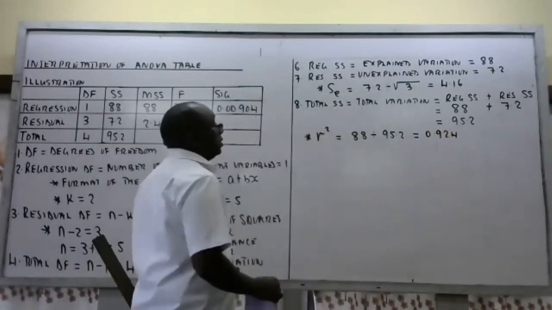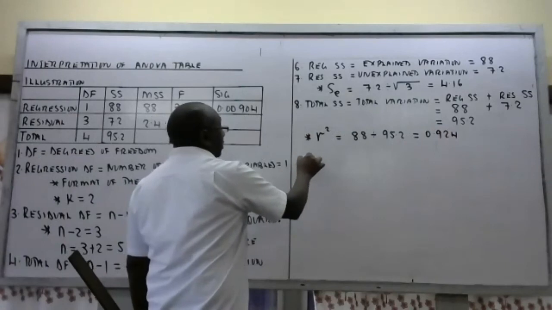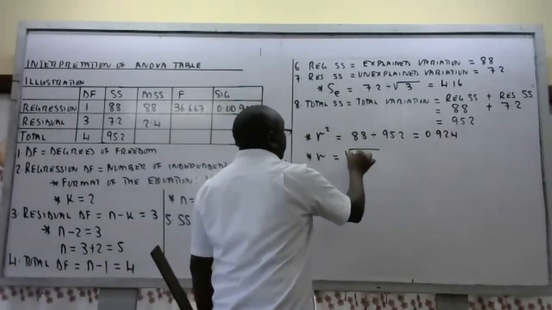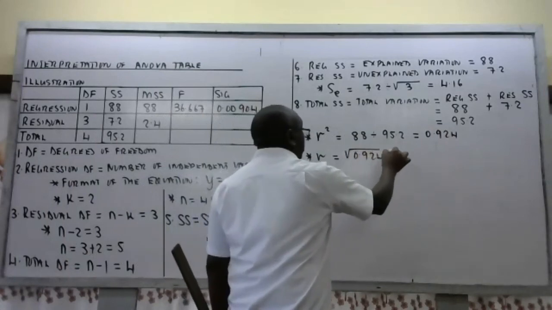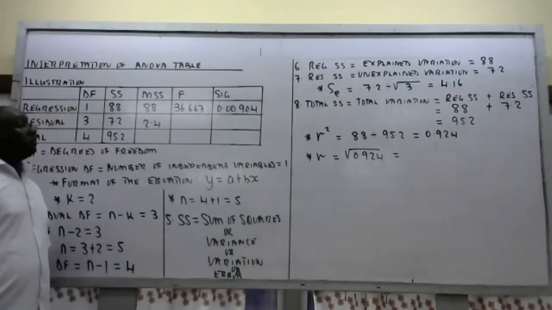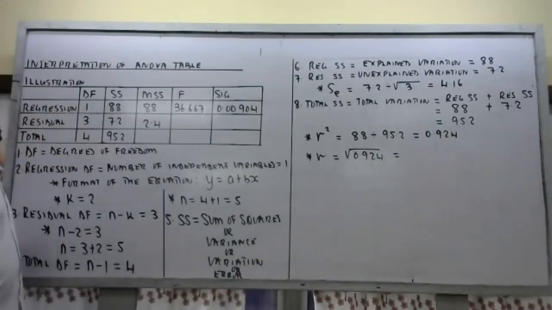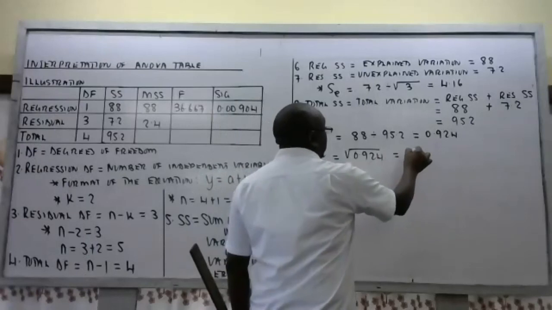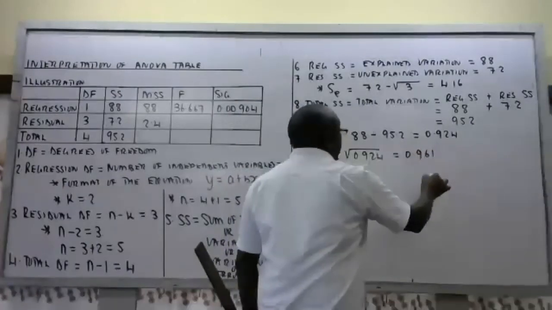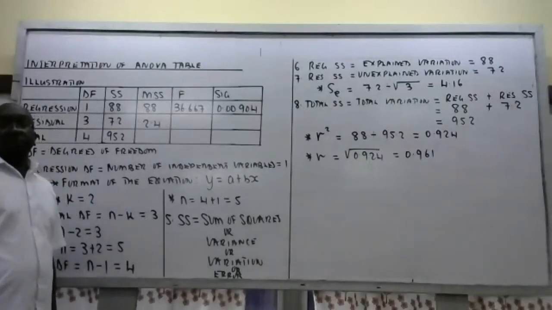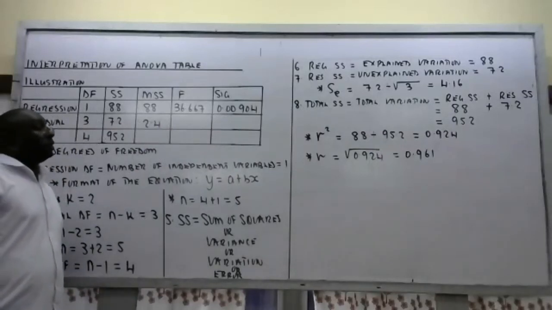Equally, it will help you compute R as the square root of 0.924, which is 0.961.